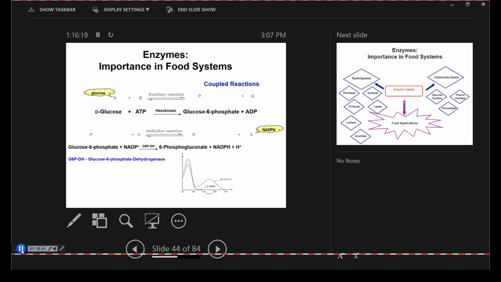We need the enzyme cofactor, which is needed for the glucose 6-phosphate dehydrogenase enzyme, that will result in dehydrogenation of this product to give another product and result in a reduced NADPH. And then we measure absorption. NADPH you can measure absorption at a specific wavelength, and that's how we can determine concentration.